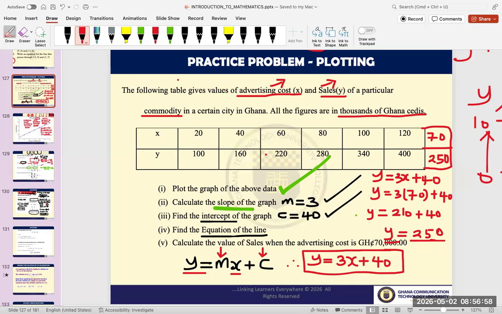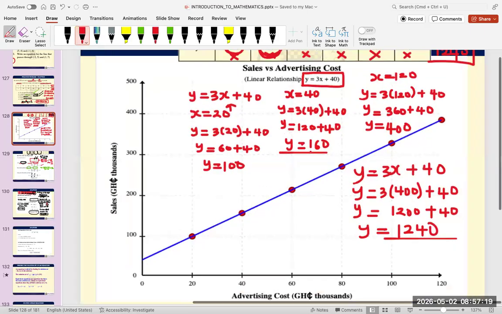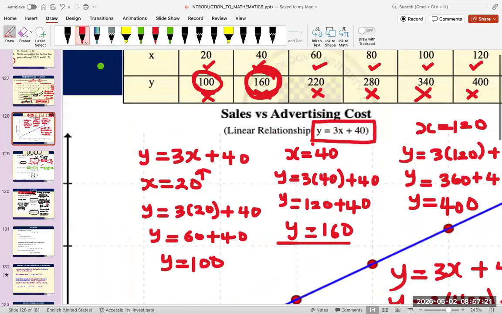And then the intercept, when you get the intercept wrong, you will still not get the answers. Assuming we made a mistake, we didn't write 40 and we wrote 30 over there, we will not be able to get the Y answers you are seeing here. That was why initially I was proving them here one by one for you.